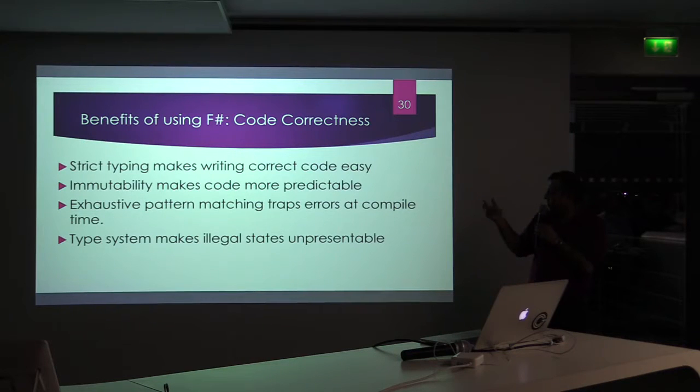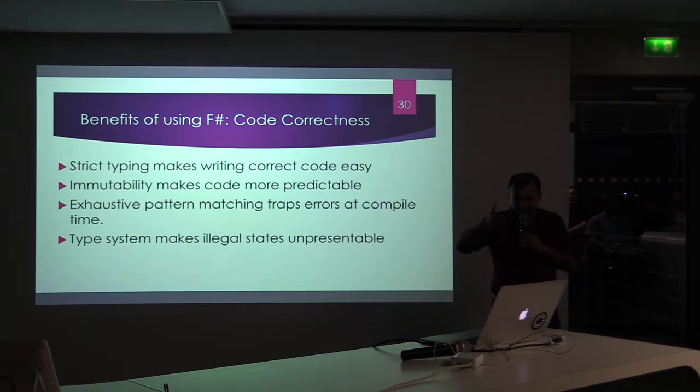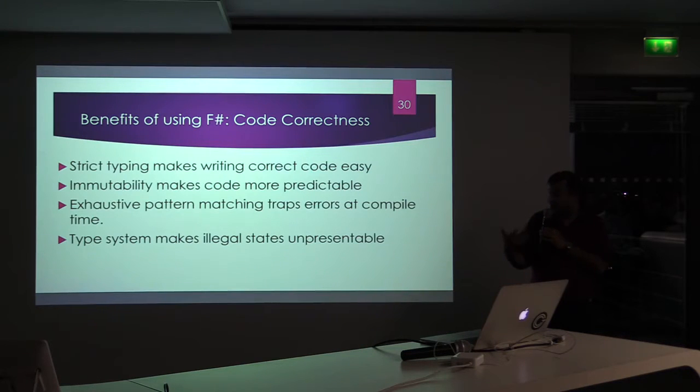And immutability makes the code more predictable. Because, as I said, if your output depends solely on the input, you can reason a lot more about your code. You have exhaustive pattern matching. Exhaustive pattern matching means my type can have 10 different union cases, and I have to match all 10. If I have 9 but not 10, the compiler is going to give a compile time error. If you're ignoring that case, it's going to break.